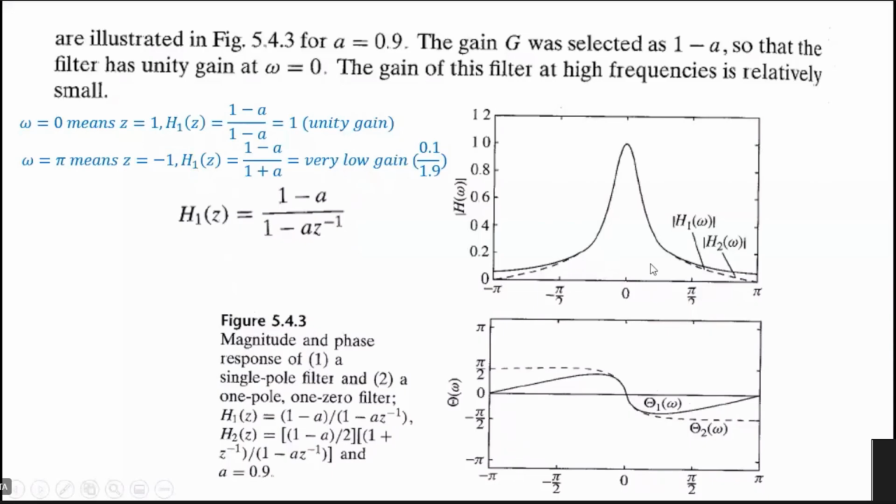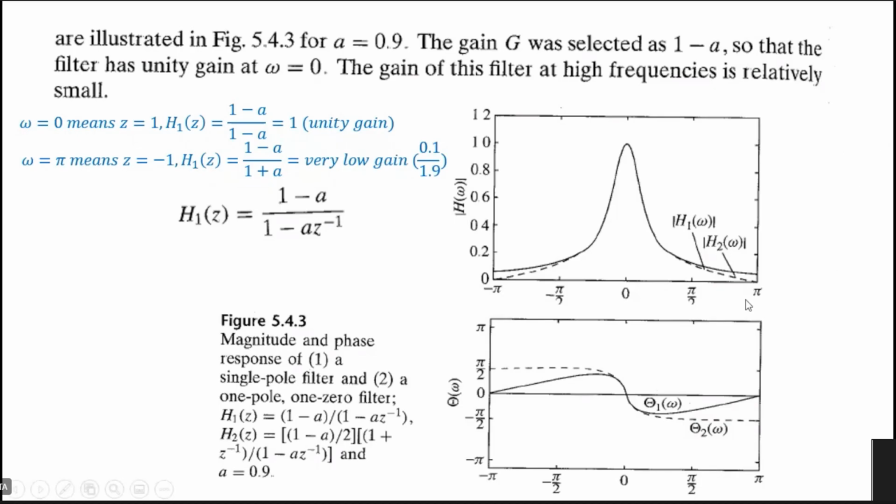Now we can add one more zero in this transfer function, and so the frequency response can be made more attenuated at higher frequency.